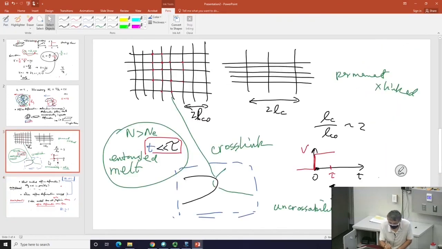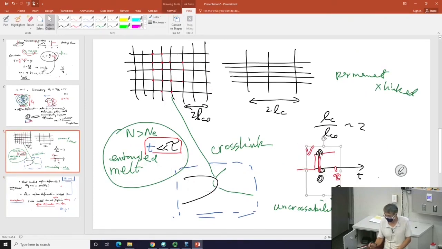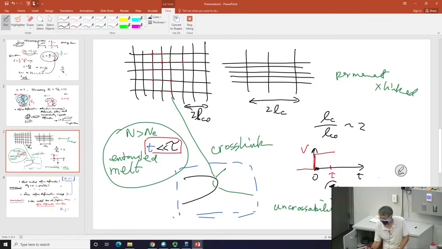Well, you do. When you are in that limit, you're shearing very slowly. By the time you make 100% deformation, you have taken a time of tau. It voluntarily disentangles. Yeah? Yes?